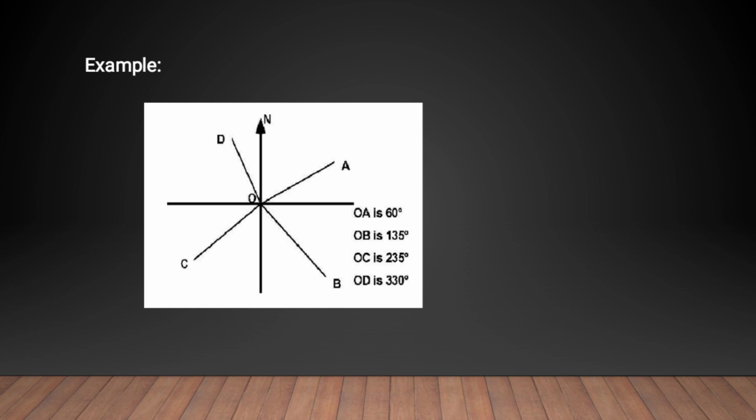Side OB is measured 135 degrees. Side OC is measured 235 degrees. And the last side OD is measured 330 degrees. These measurements are the azimuth values of points A, B, C, and D with a center point O.